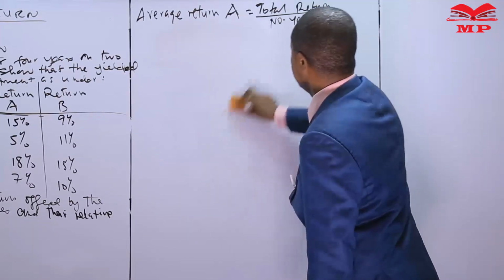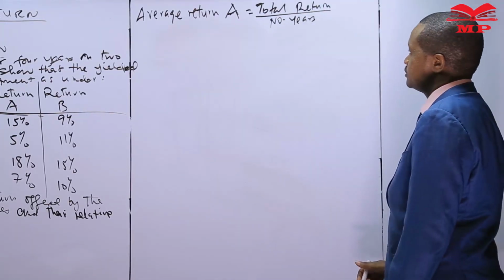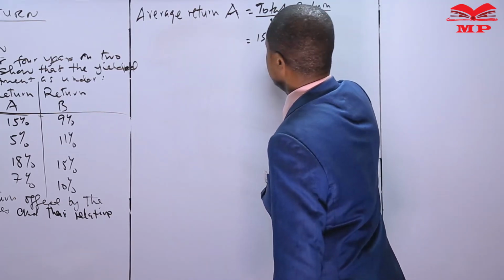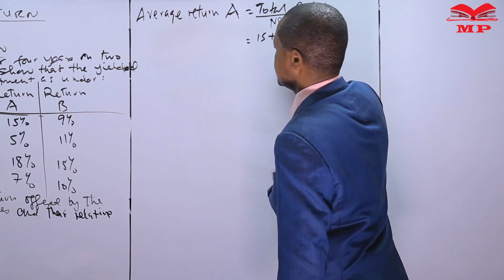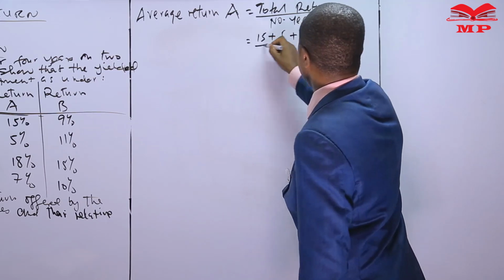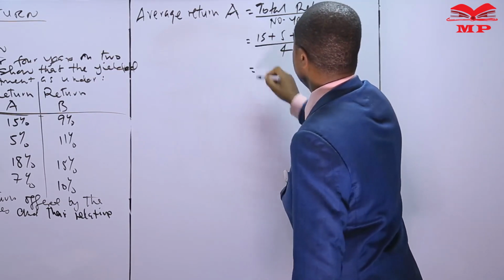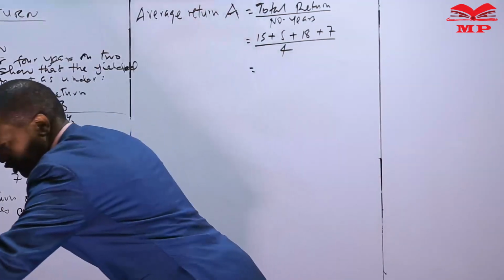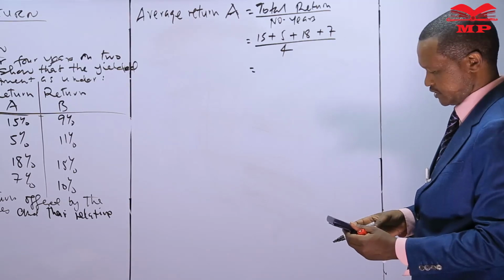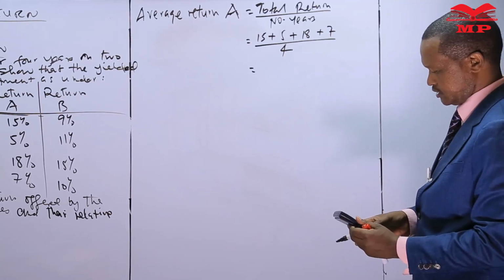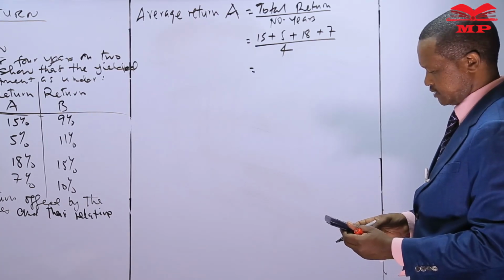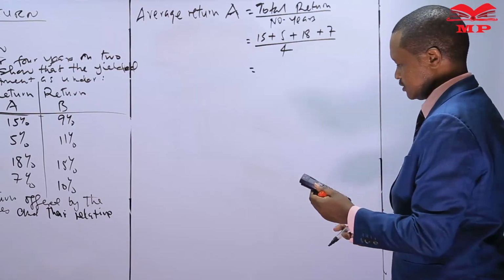The total here will be 15% plus 5% plus 18% plus 7%, divided by 4 years. That will give us a return as a percentage. So we take 15, add 5, add 18, add 7, divide by 4.